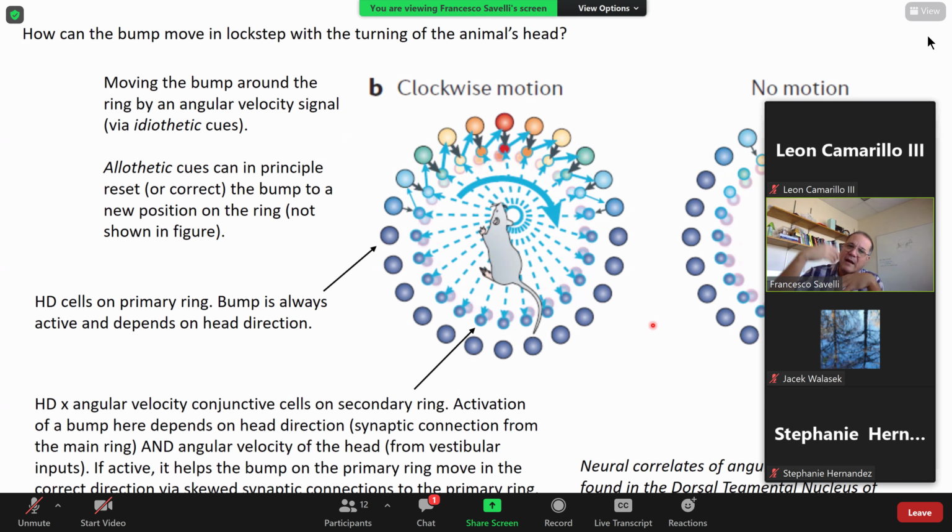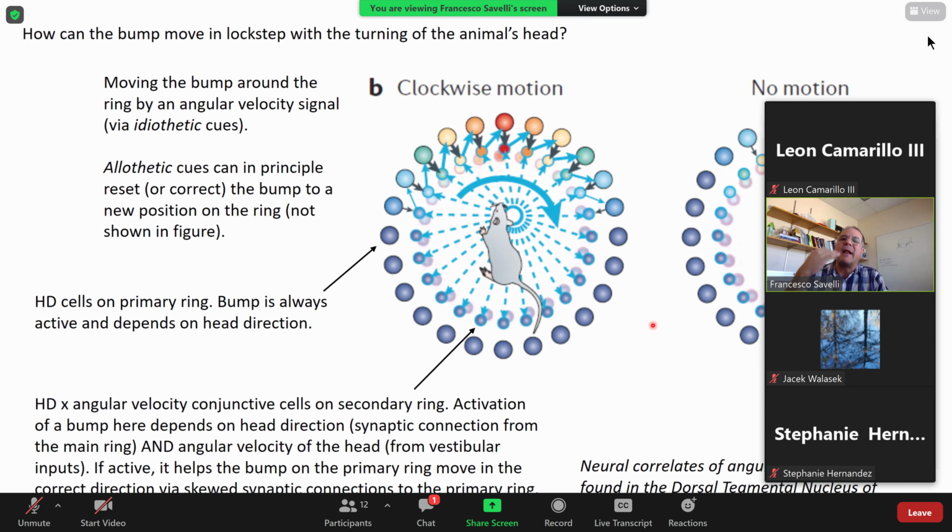If there are landmarks and you're looking at the landmarks, for example, I close my eyes, turn around, maybe I'm off, open my eyes, I see the landmarks. Maybe there are particular sensory representations of landmarks that come from, say, sensory cortex, and make connections on that ring so that it can drive and reset that bump of activity based on landmarks.